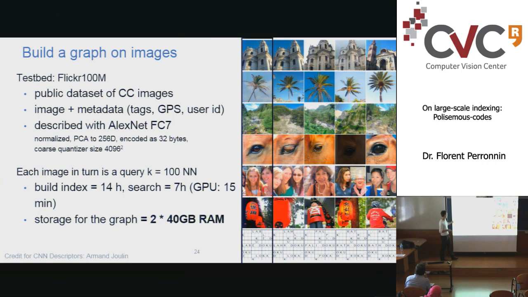So what we did is use each image in turn as a query. So we performed, in this database of 100 million images, 100 million queries. And on a good machine, but I think not an incredibly good one, similar to what you can have access to here, it took approximately 7 hours to compute the distances.